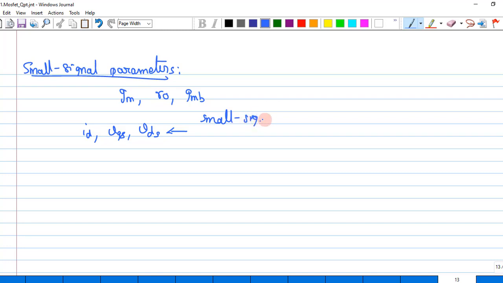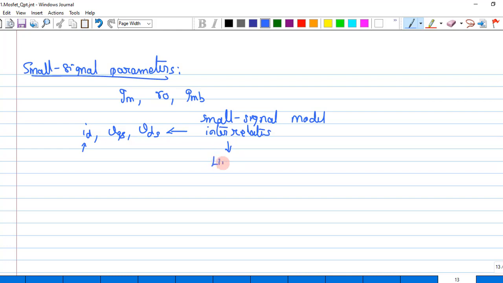Small signal model interrelates all of these incremental changes that are happening around the circuit. Okay, now since these are small incremental changes, the circuit elements that we use to build the small signal model are in general linear.